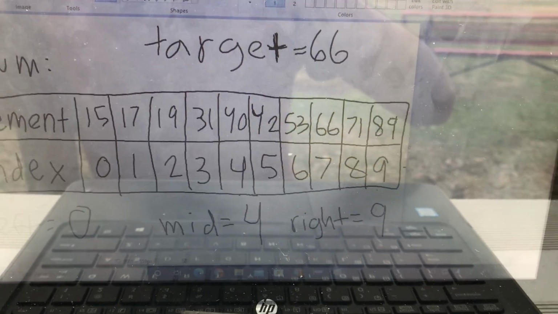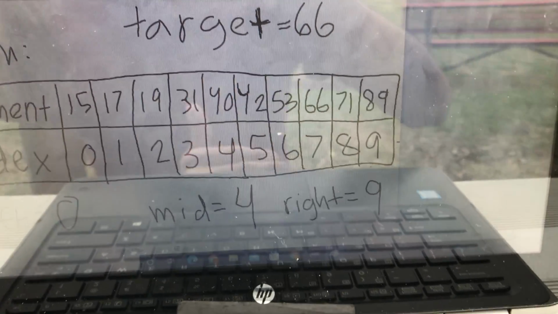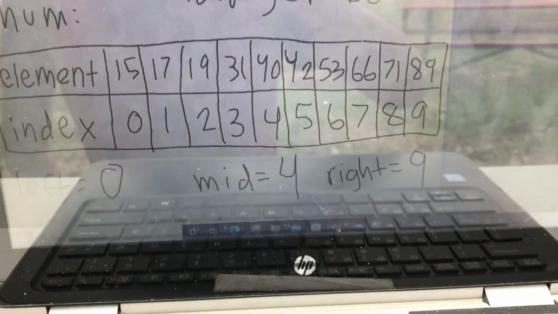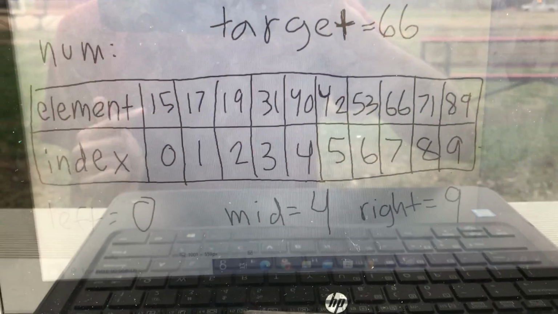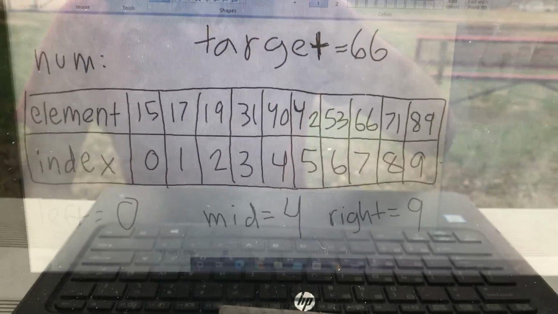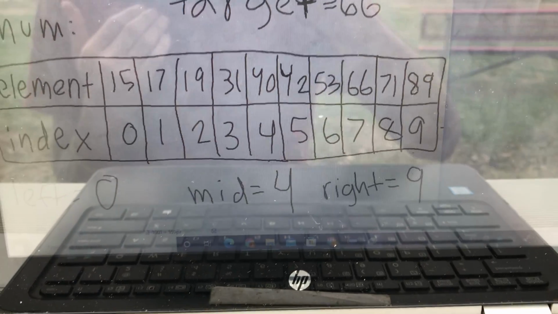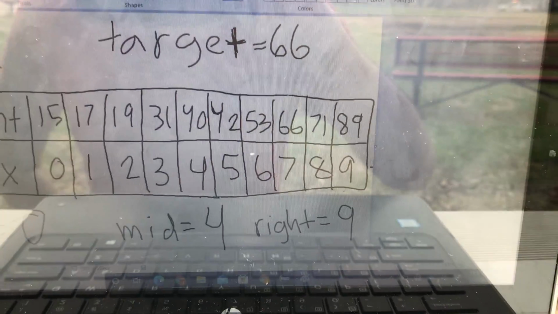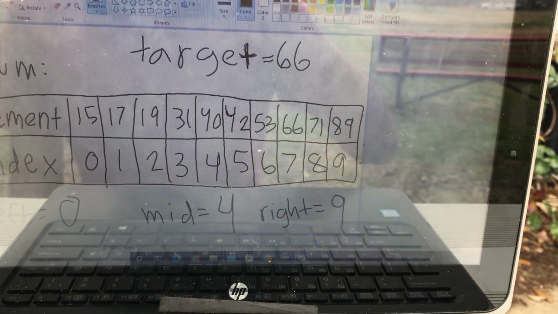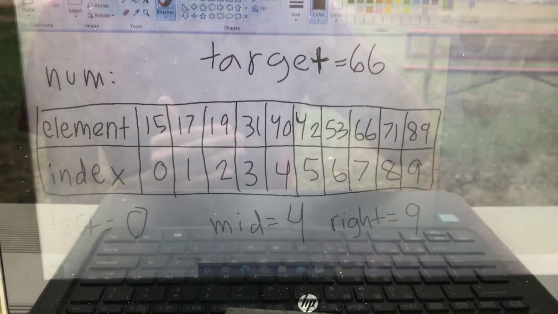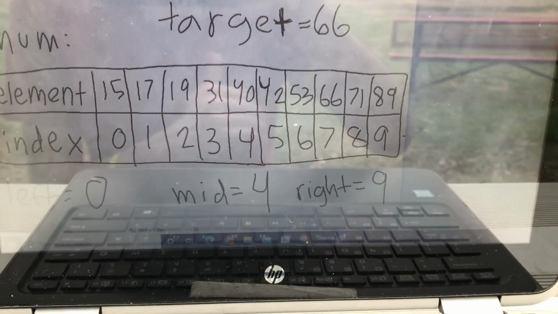So in this case, because 66 is greater than 40, our left index is going to change. Our left index is going to become a new number, and it will become middle plus 1. We'll get into this in a later one, but if the target had been less than 40, the right would have changed, and right would have become middle minus 1.